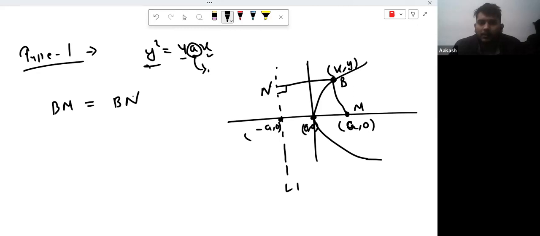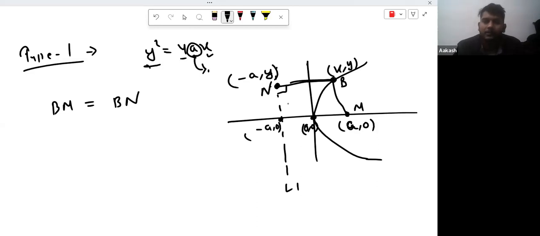Can anyone tell me the coordinate of N? Minus a comma y. What is B? x comma y. It is y, right? Because the height is the same, right?